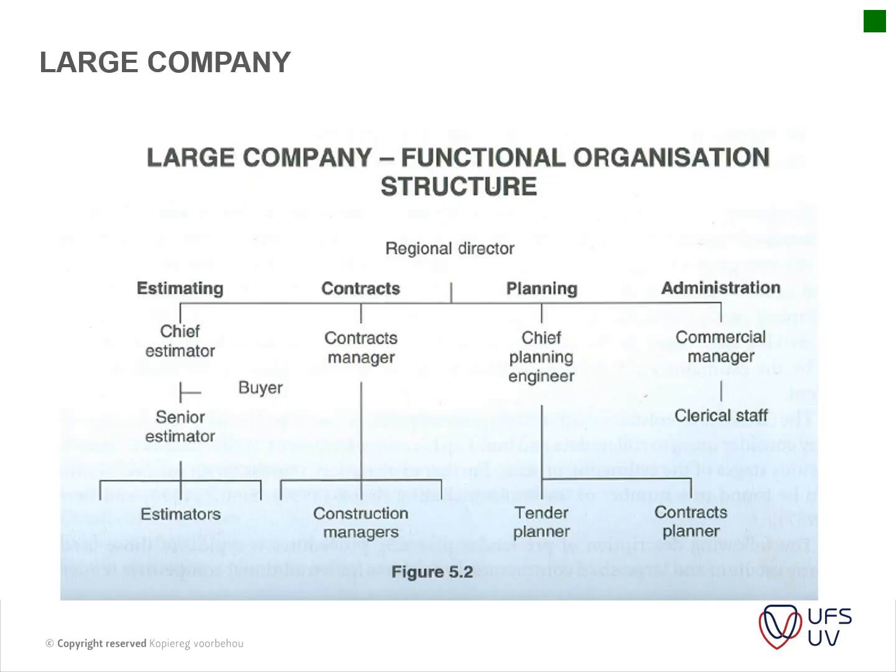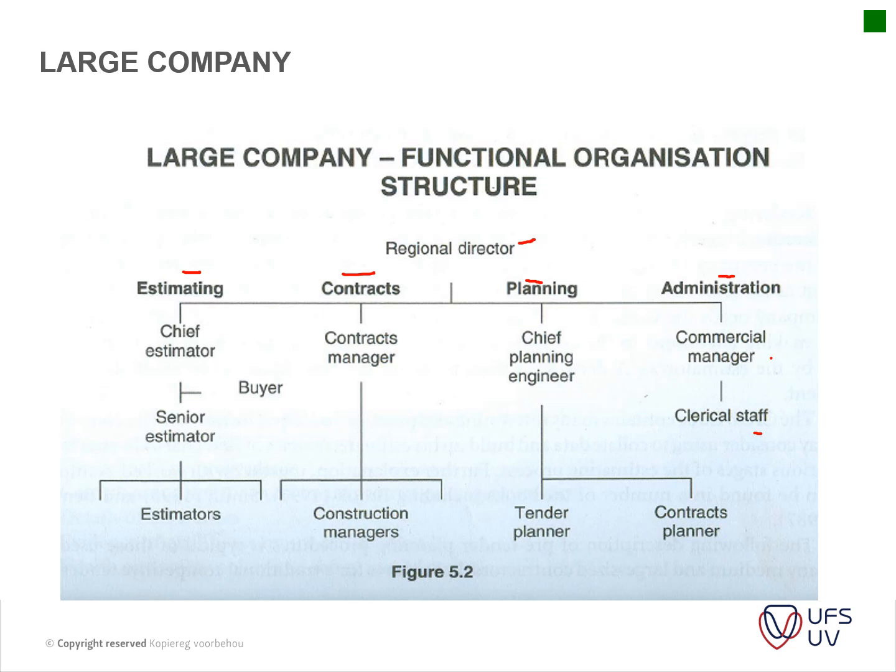Okay, and then your large companies will usually have an estimating department, contracts department, planning division, and then administration, your commercial manager and clerical staff working with the financial side or the admin side of the company. And then you might have a regional director here at the top.